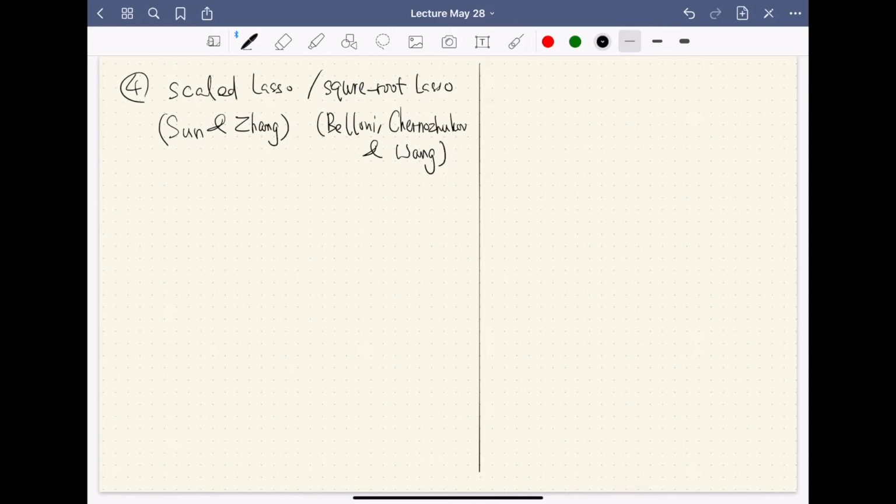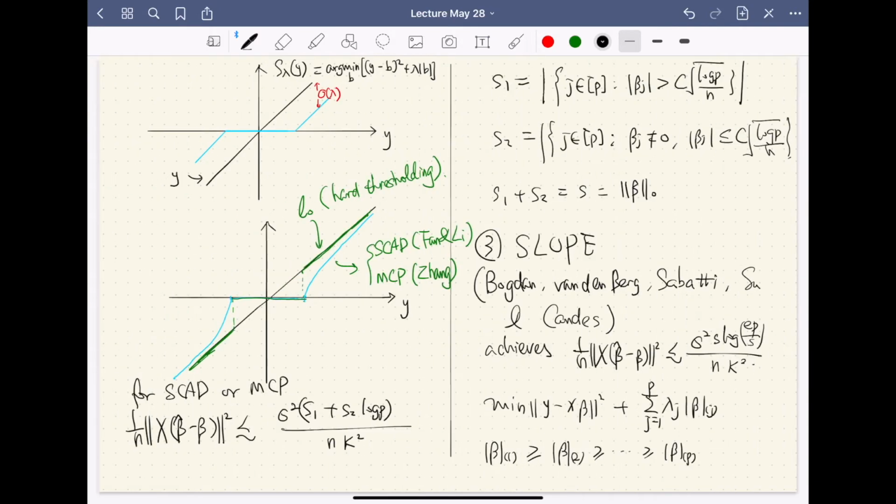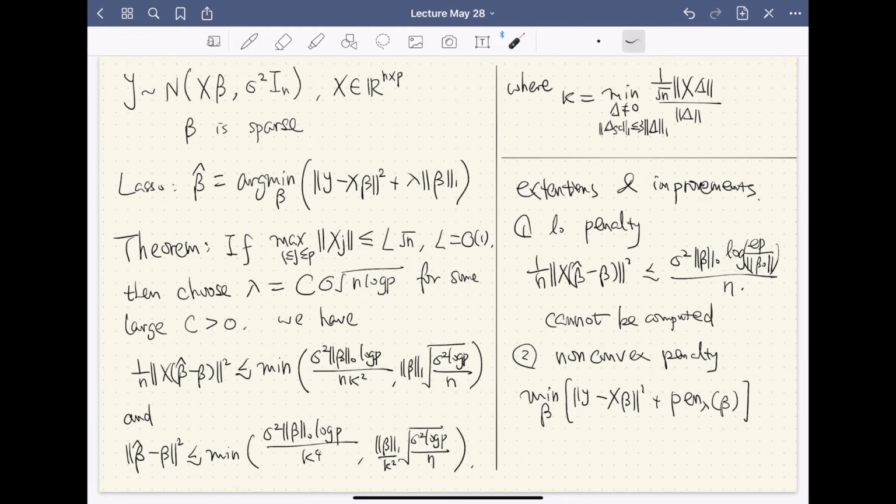Okay, so what do they want to improve? Well, here is another problem with lasso. We see lasso actually has lots of problems that can be improved. It is this problem: you have to choose the penalty level lambda proportional to the value of the standard deviation of the noise.